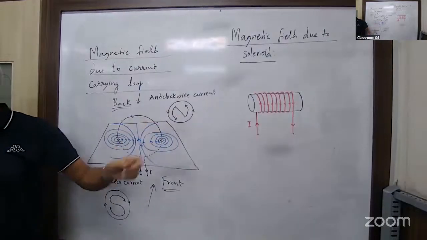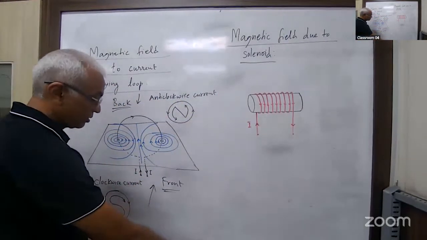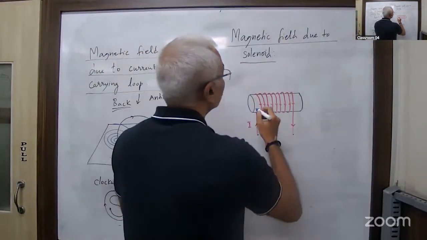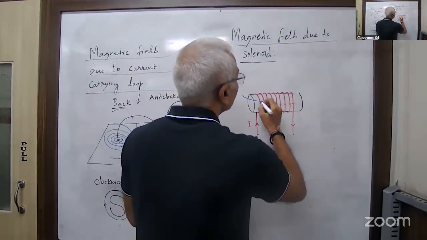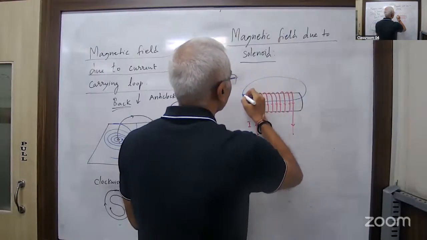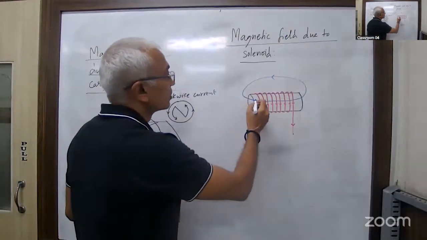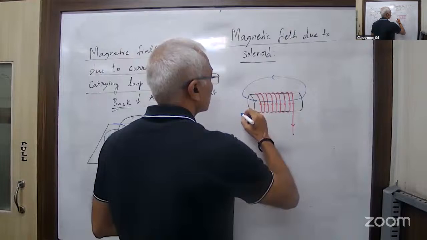From the left hand side, it is clockwise. That means the field will go inside. Right? So what kind of field will form? It will form like this.